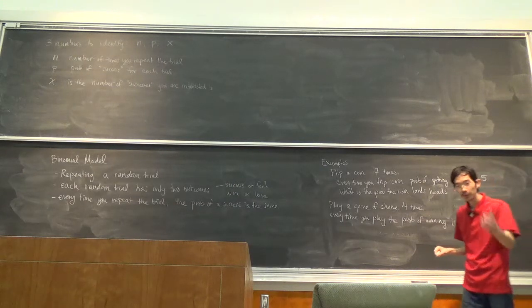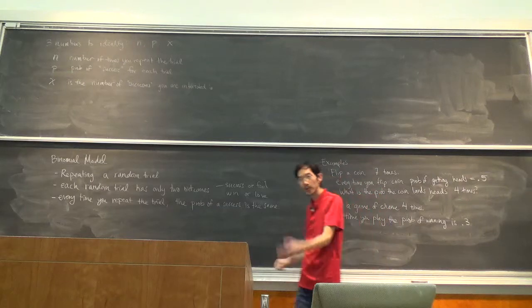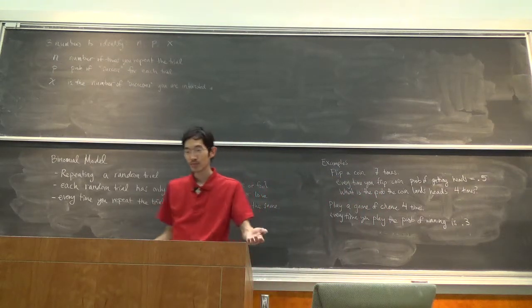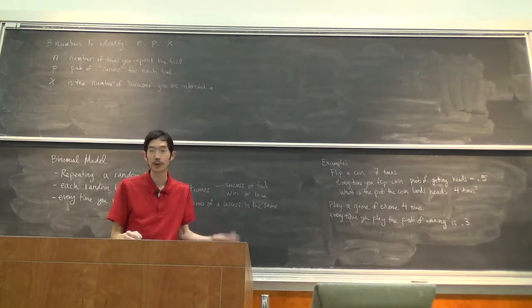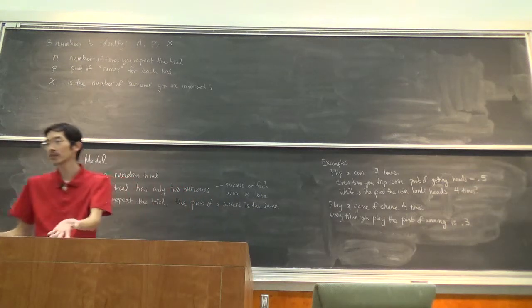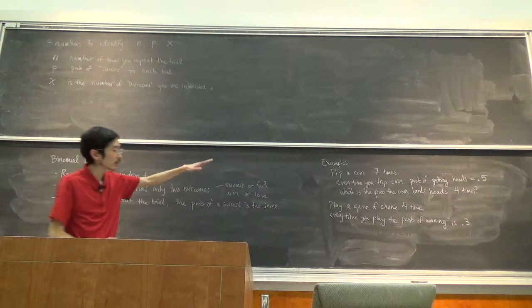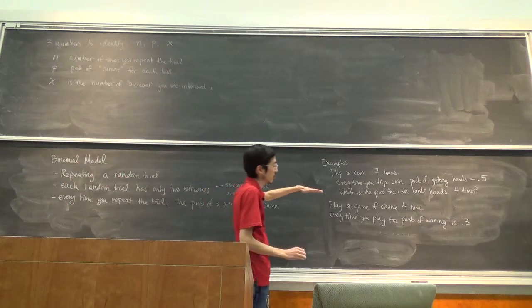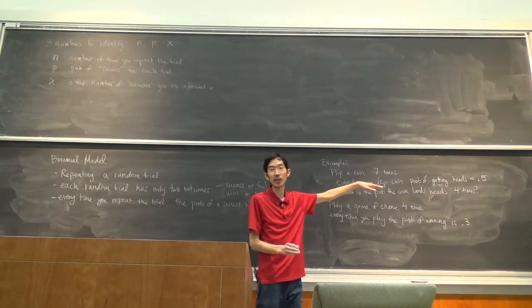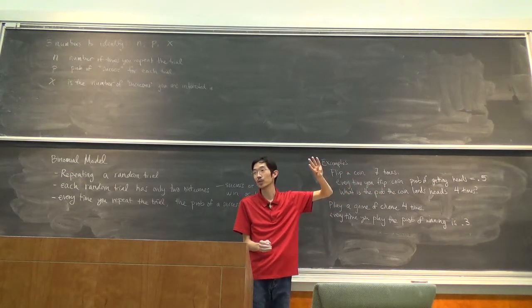Okay? So you flip a coin 7 times. The coin could land heads 3 times. It could land heads 4 times. It could land heads 6 times. It could land heads all 7 times, okay? But what I'm asking is, if I flip the coin 7 times, what's the probability that the coin lands heads 4 times?